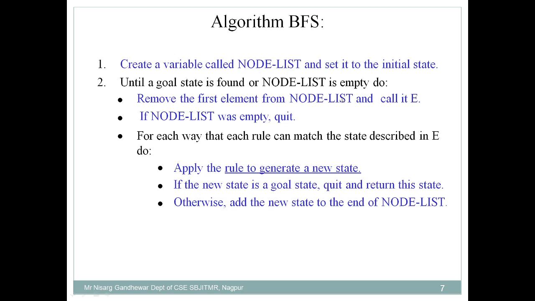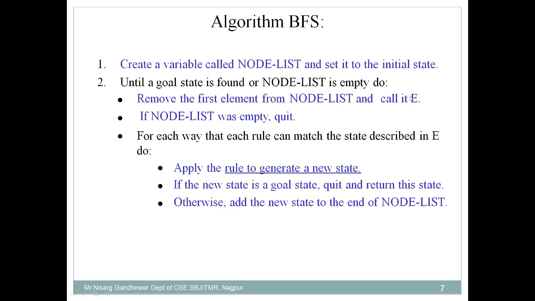That means your node list is empty. Remove the first element from the list and call it E. We have to select one node from the list and name it E. If node list was empty, then quit. We have already seen here, it's a terminating condition. For each way that each rule can match the state described in E, apply the rule to generate a new state.